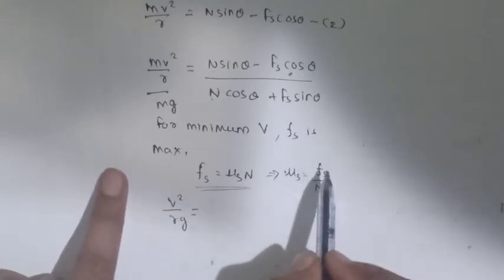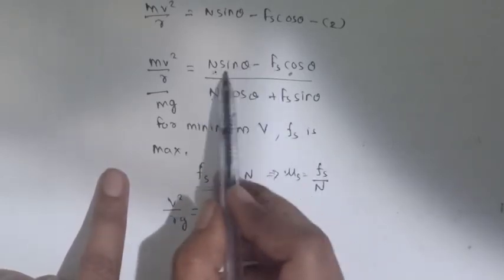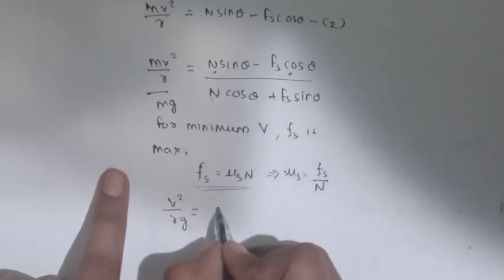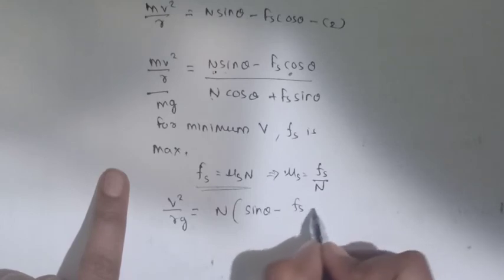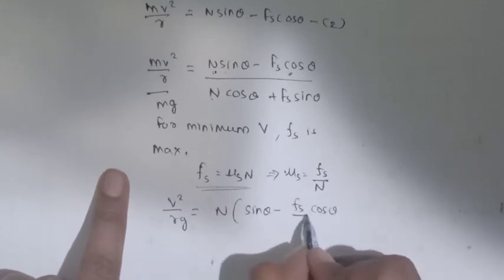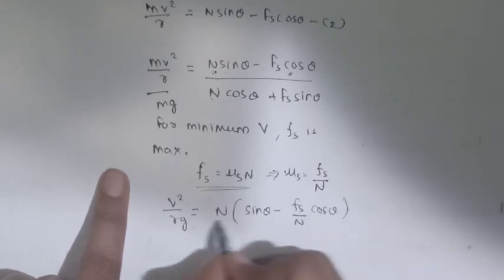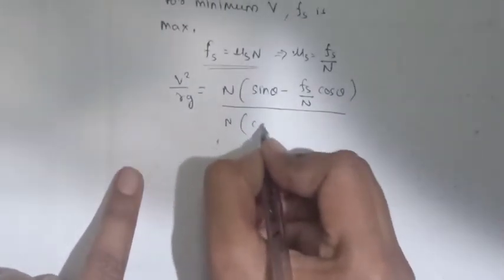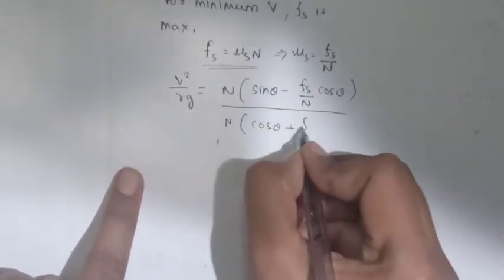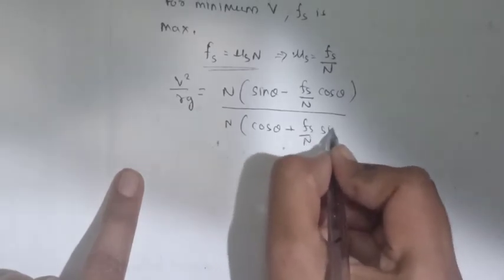So you will get N outside: sin theta minus Fs by N cos theta divided by cos theta plus Fs by N sin theta.